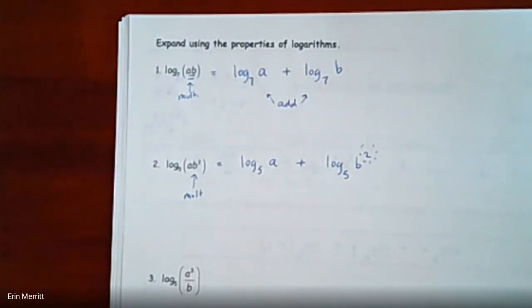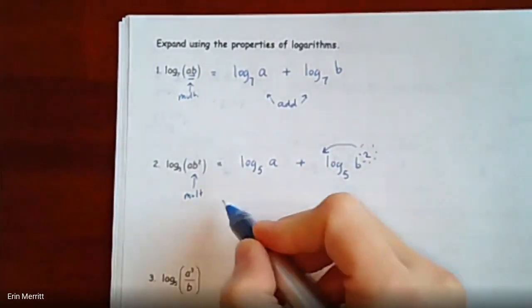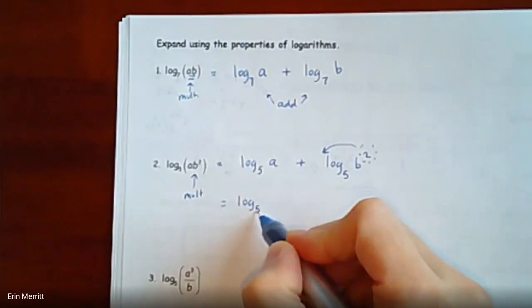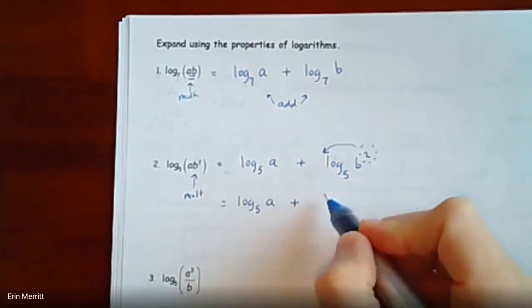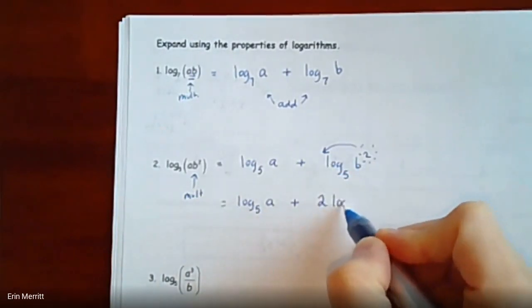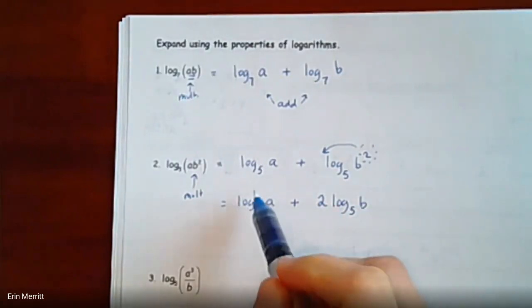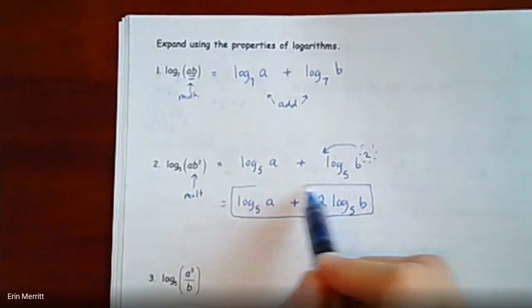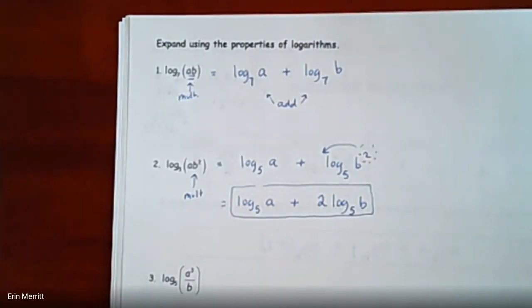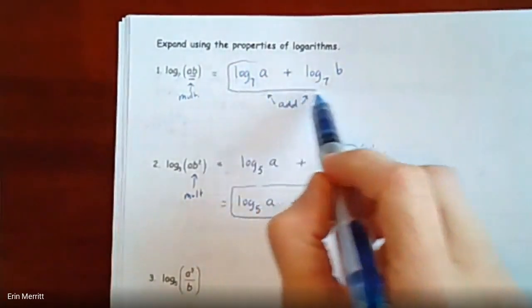That third rule we talked about is that exponent can come and drop out front. So this is really log base 5 of A and then plus 2 times log base 5 of B. And there you go. That would be my fully expanded log property.